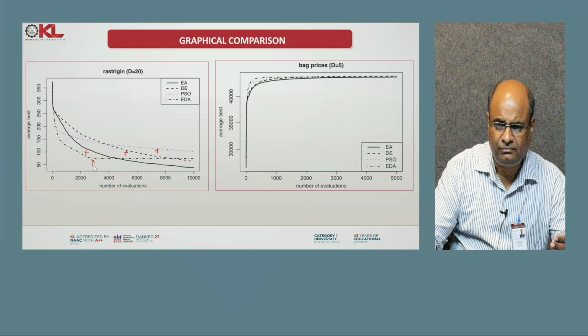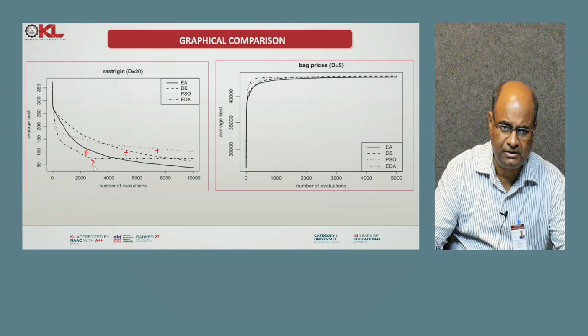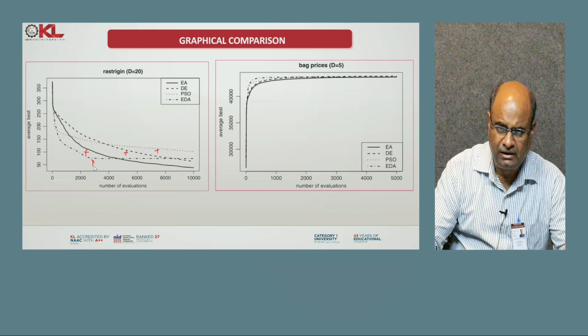Similarly in the bag price, you see the number of evaluations and average best, you take in the reverse order. So the number of evaluations is 0 to 5,000, so I have taken 5,000 only here, and 10,000 in the case of Rastrigin. So EA is the bottom one and the top one is the EDA algorithm.